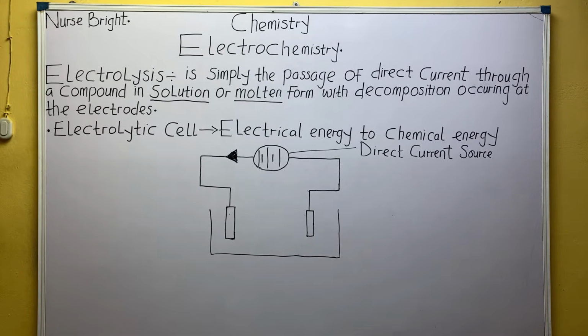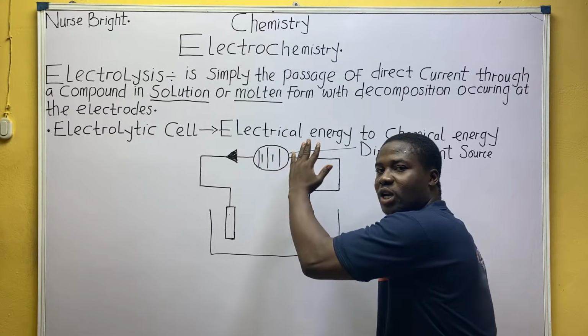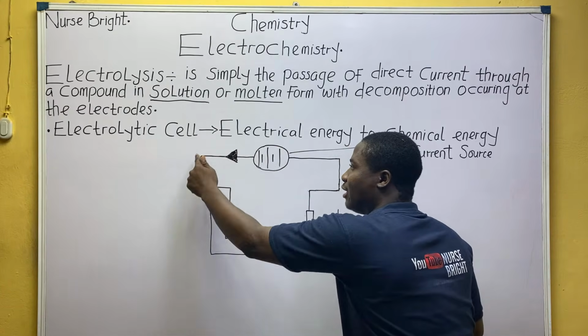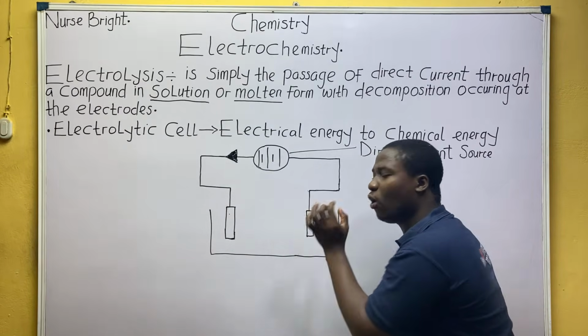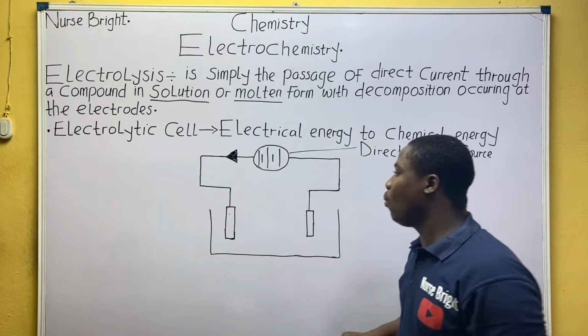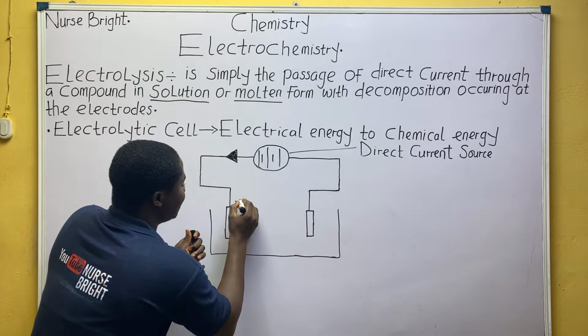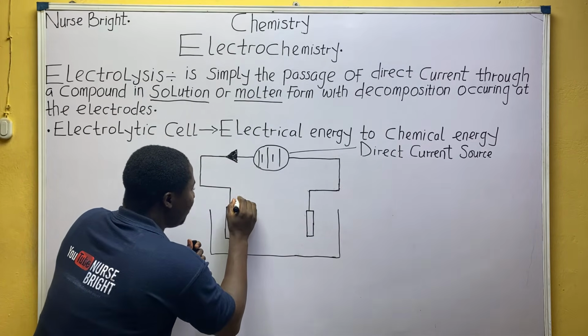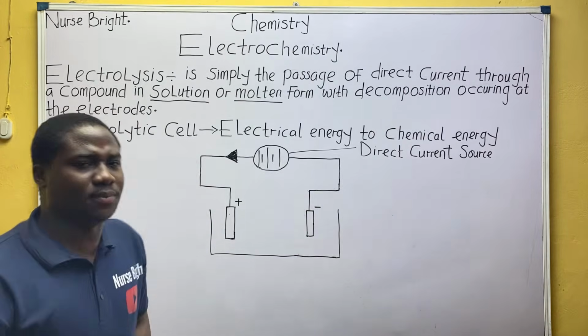This is the source, so current will not flow towards the source, it will flow away. It comes like this and enters these terminals. One of the terminals is positively charged, while the other is negatively charged.